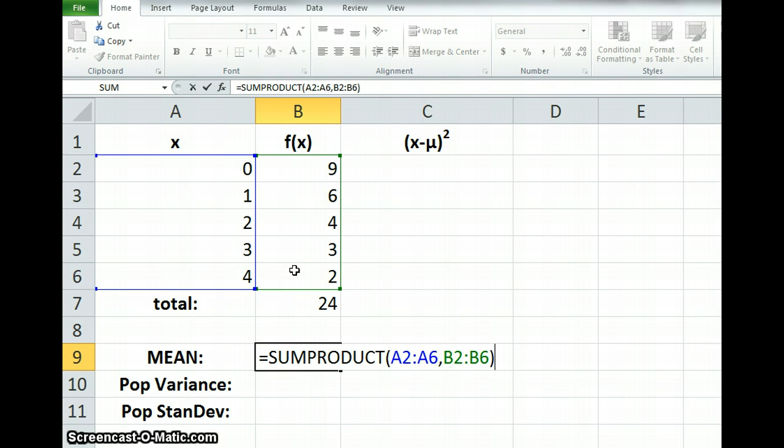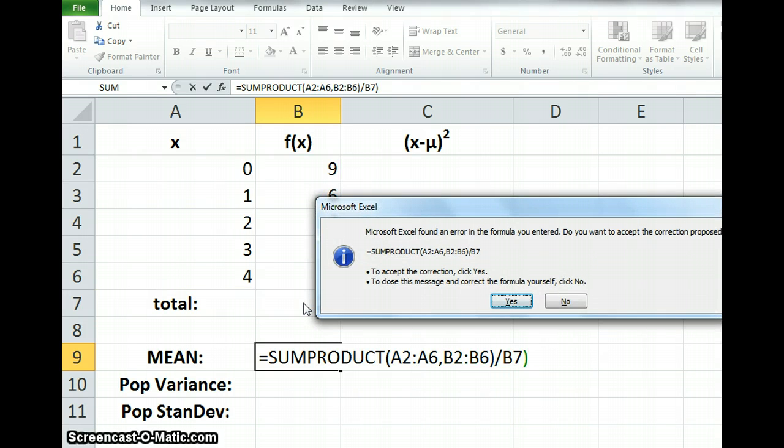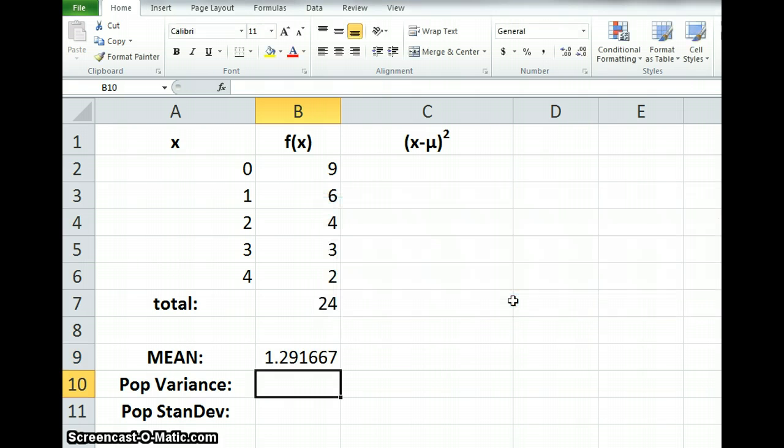Now since I want an average, I also have to divide by how many hours I have total. So I click B7 there, and that's 24. A2 to A6, B2 to B6. All right. Yeah, there we go. So good enough.